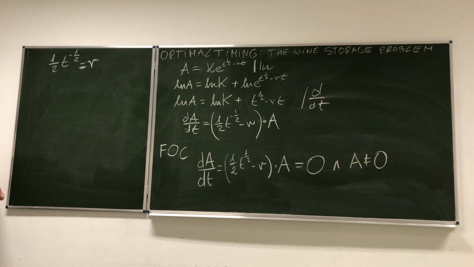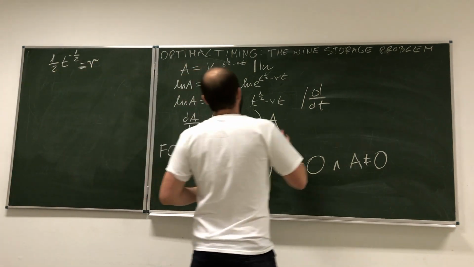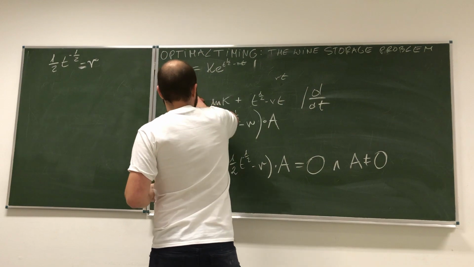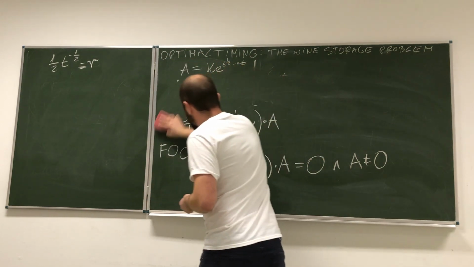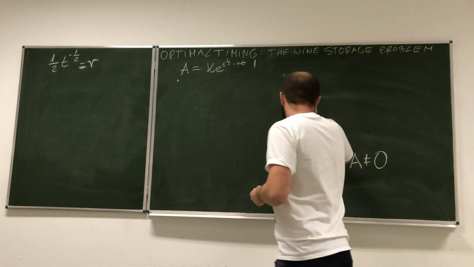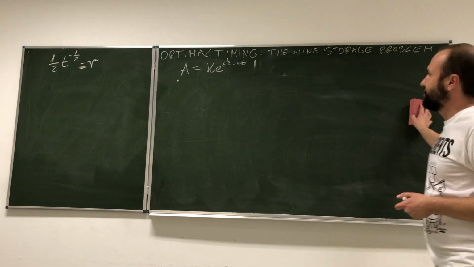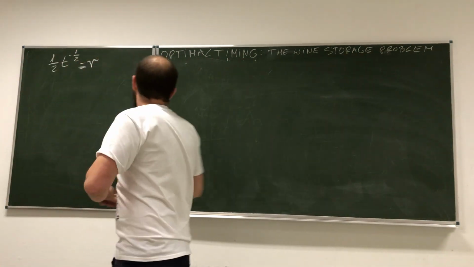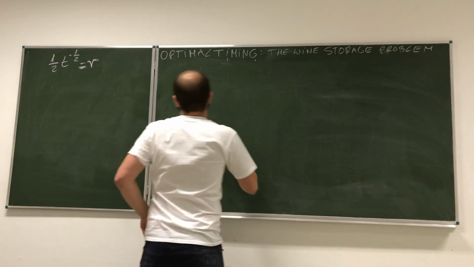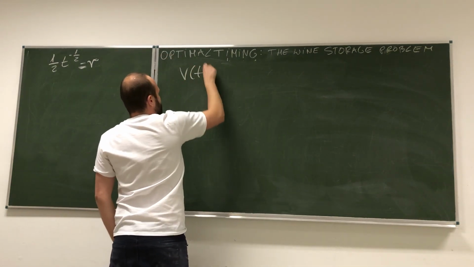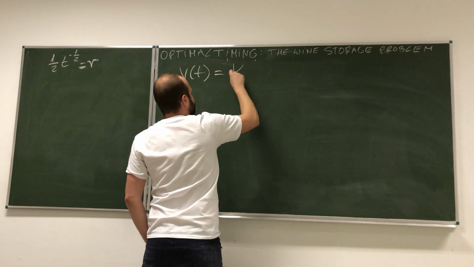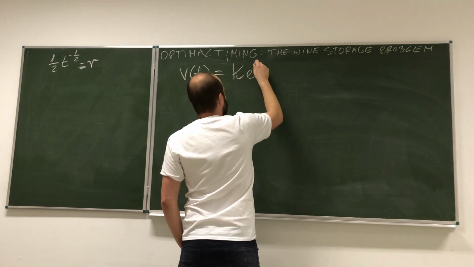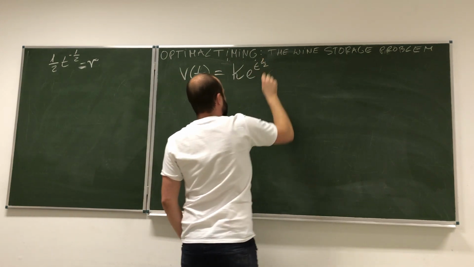But the more interesting question is, what is this? Well, this definitely looks weird, but let's go back a little bit to our function that was giving us the value of the wine. This function was k e to the power t^(1/2).